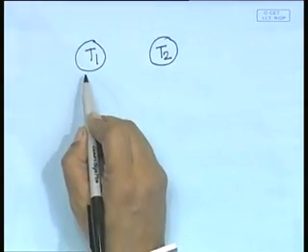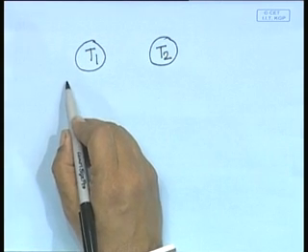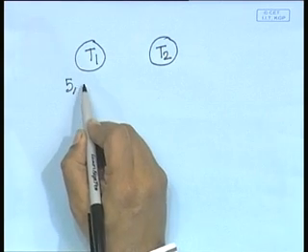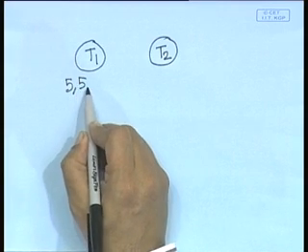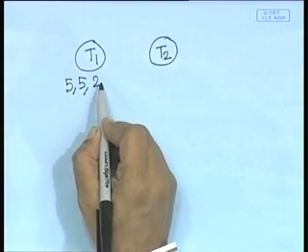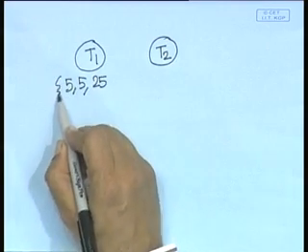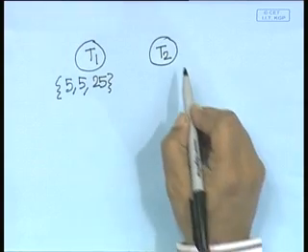So, let us assume T1's phase is 5, its execution time is 5 and its deadline is 25. So, those are the task parameters for T1.